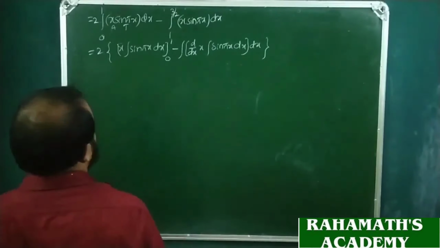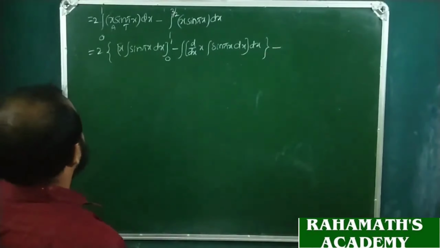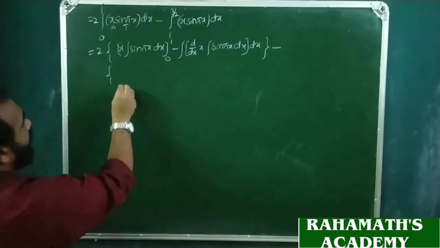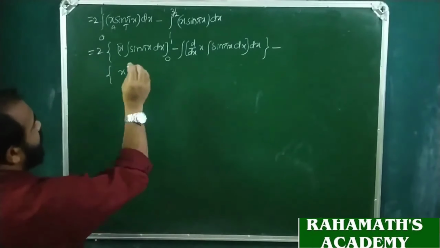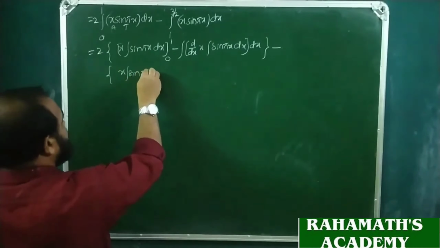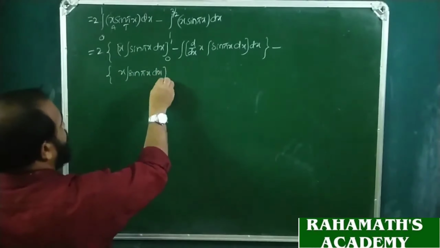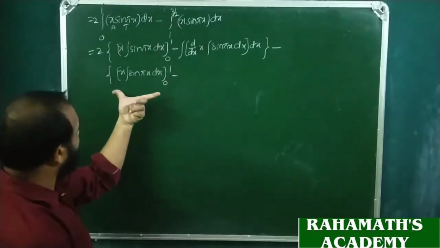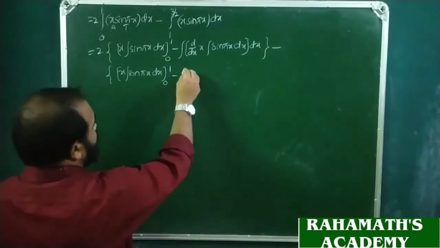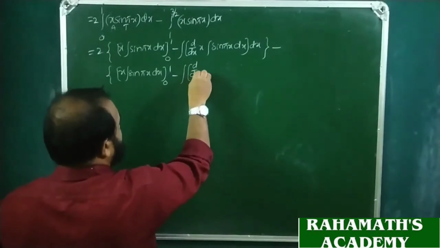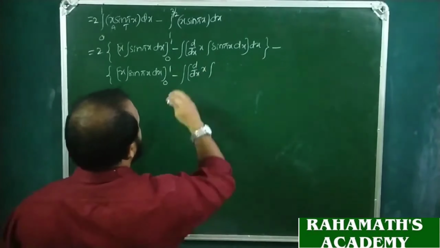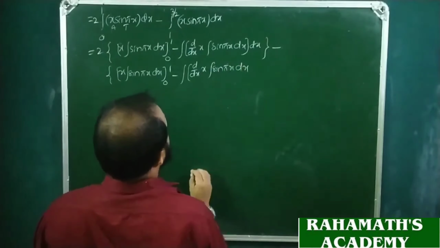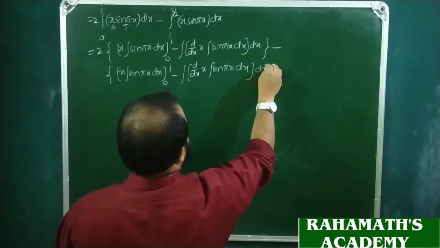Minus, this is also the same, minus of now, so x integral sine pi x dx from 0 to 1, minus this part I am writing down: integral of d by dx of x into integral sine pi x dx, whole dx.